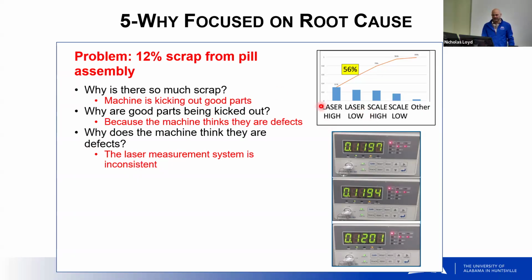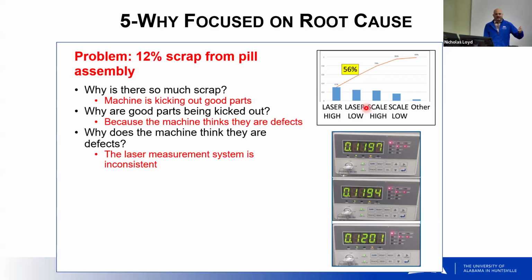We did a Pareto of the reasons that things had been rejected, and 56% were due to these first 2 reasons: the laser measurement was reading either too high or too low. It was measuring the thickness. The pill is made and goes in an inflation device.